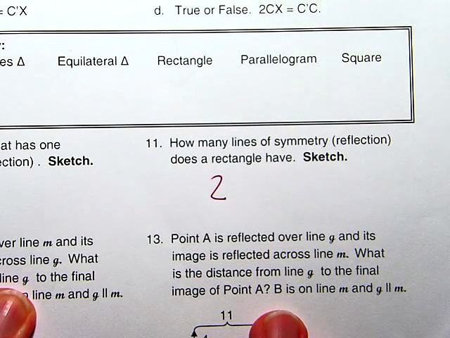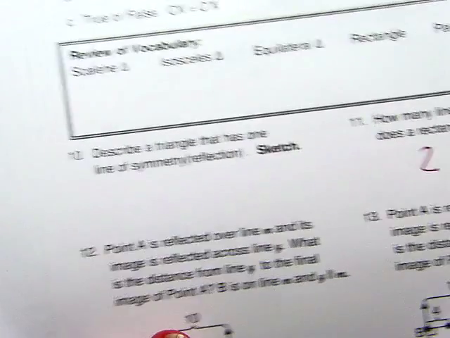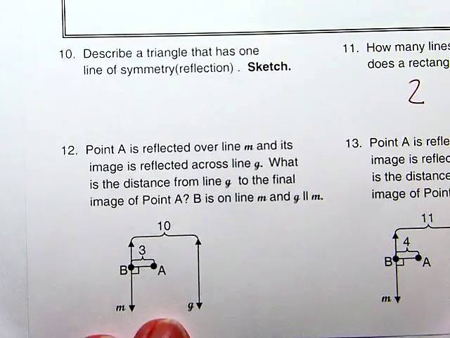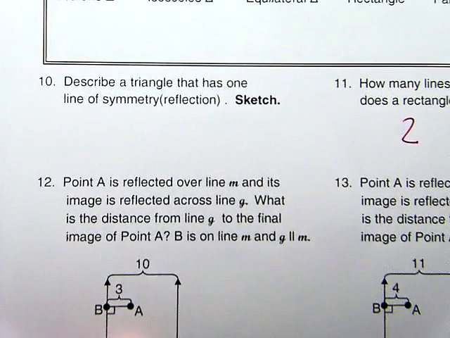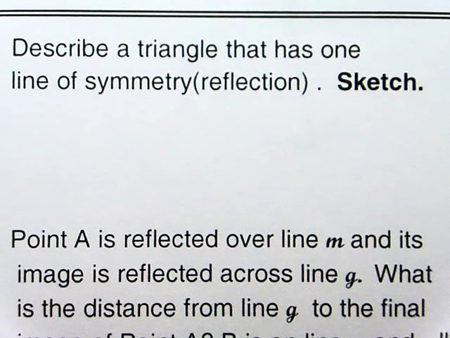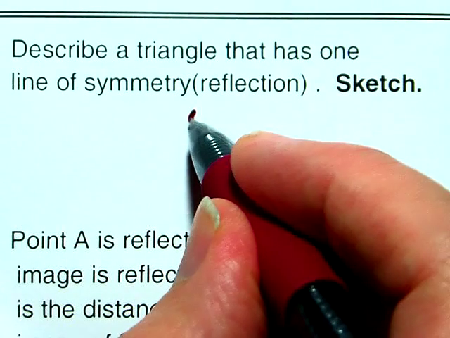And if you go to the illustration in the workbook, what we were just looking at is the sketch of that. So let's go back to question 10, to make sure that we know how to answer that one. Describe a triangle that has one line of symmetry or reflection, and sketch it. And the answer to that question would be an isosceles triangle. Okay, so let me draw that.